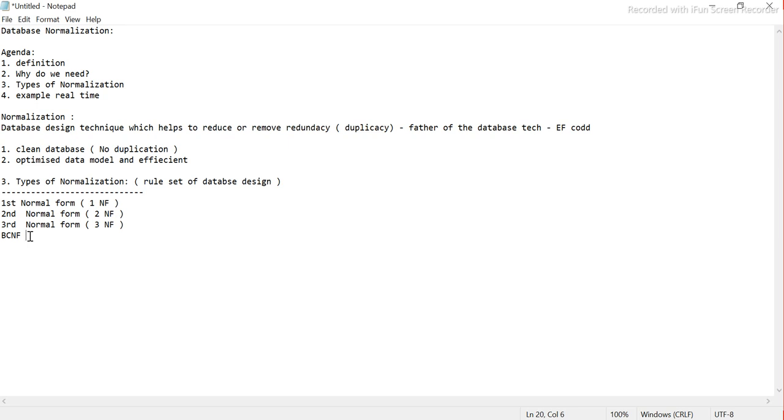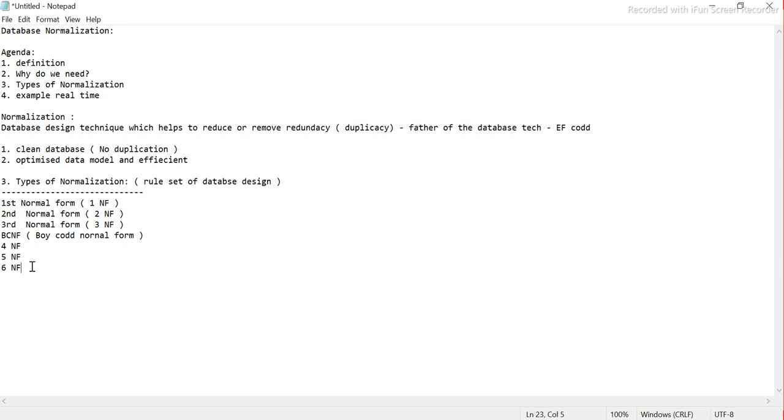BCNF's full form is Boyce-Codd Normal Form. And then you have 4NF, fifth NF, and then 6NF. Until now we have 6NF.